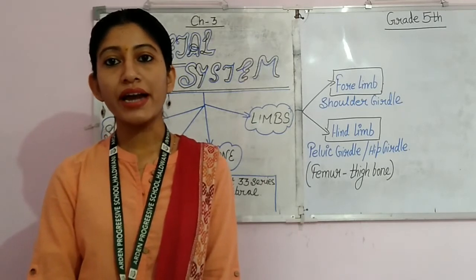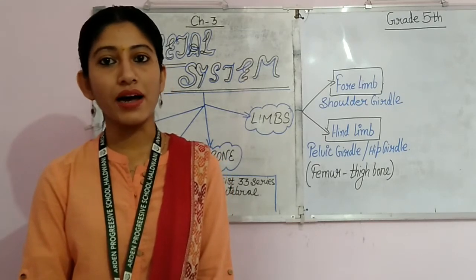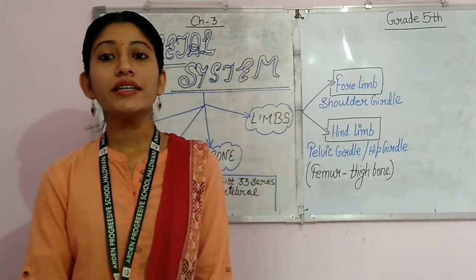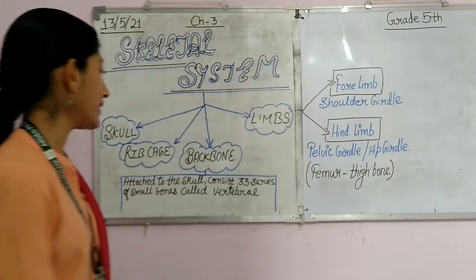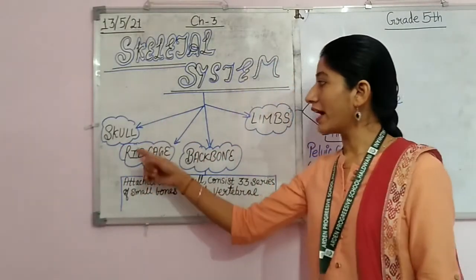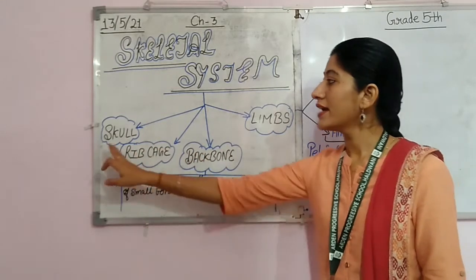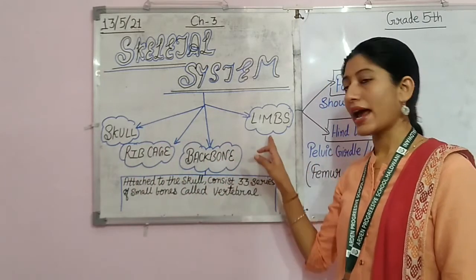as well as I told you that the skeletal system consists of 4 main parts, and then we have discussed these parts. The skeletal system is divided into 4 parts, and these are skull, rib cage, backbone and limbs.